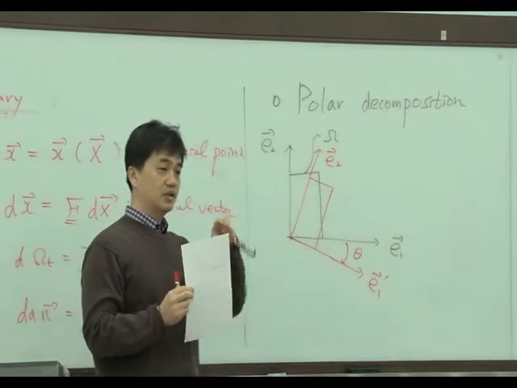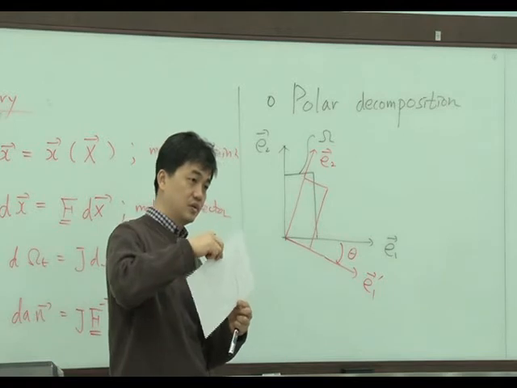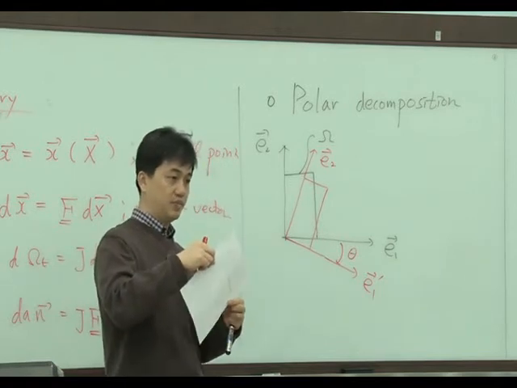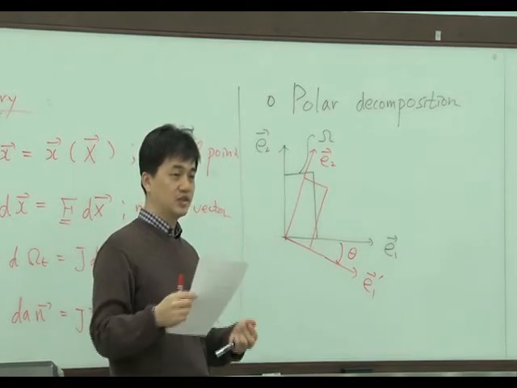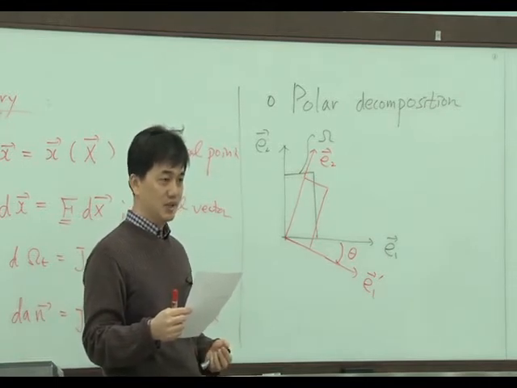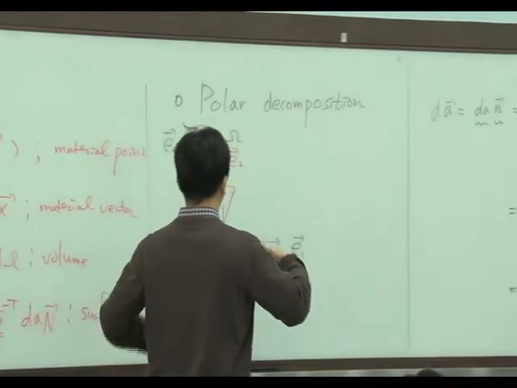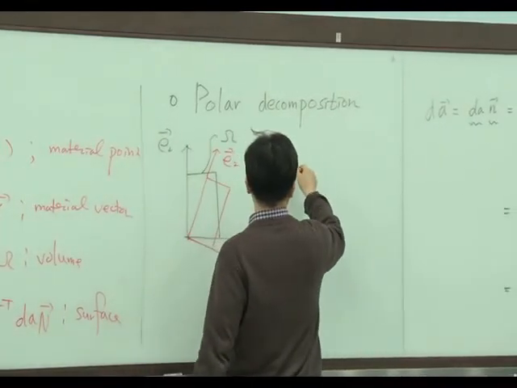Some body rotates without change of shape. What's the name of this? This is rigid body rotation, right? We are saying this is a rigid body rotation.